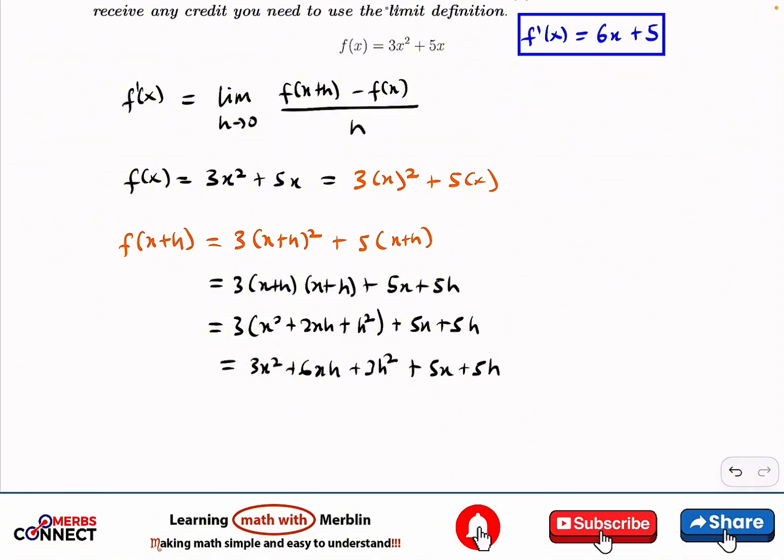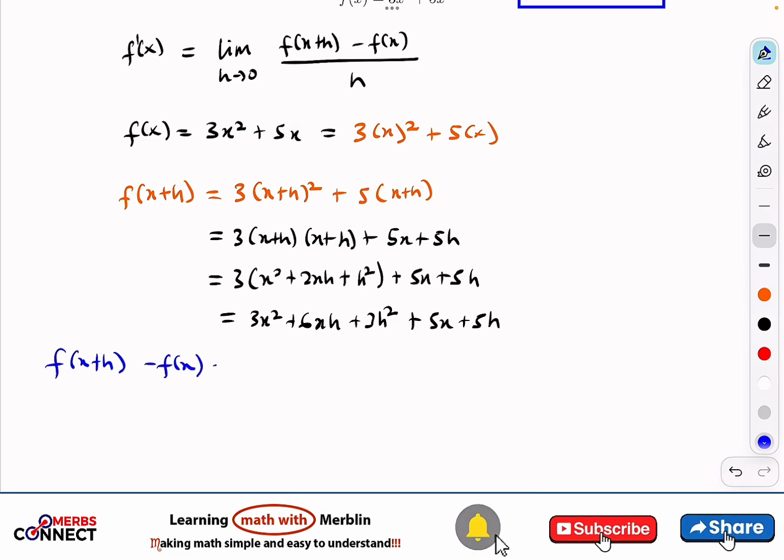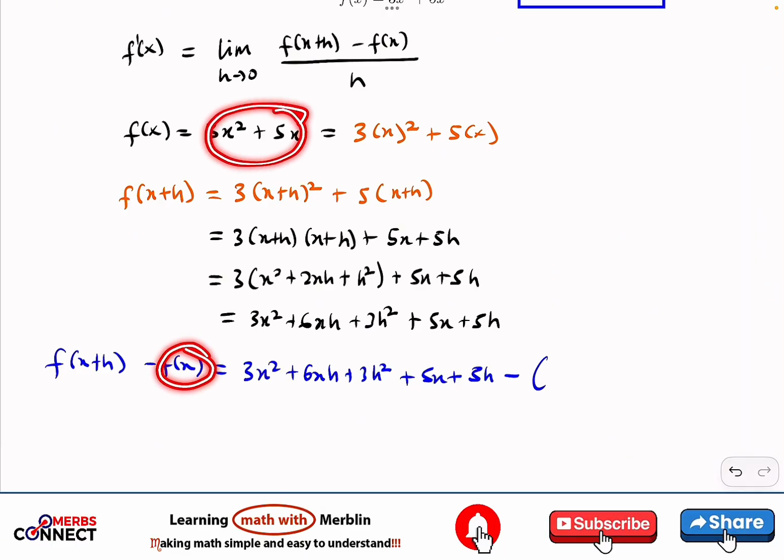So what I'm going to do is I'm going to look for f of x plus h minus f of x. So let's do that. f of x plus h minus f of x is equal to 3x squared plus 6xh plus 3h squared plus 5x plus 5h minus. So as soon as I write the minus, I need to make use of the parentheses. Minus f of x is equal to this.